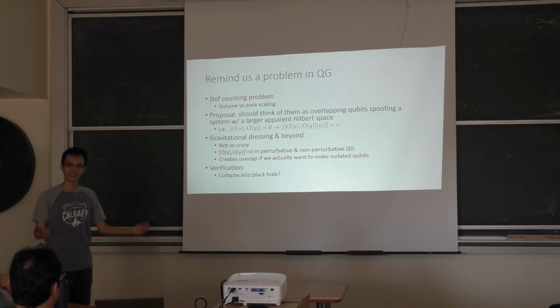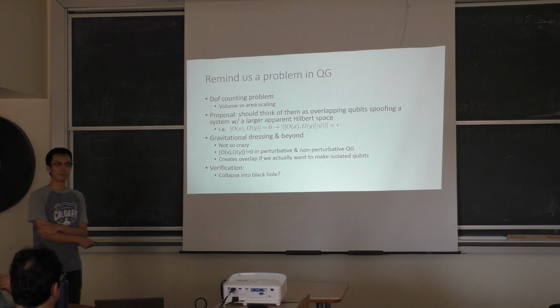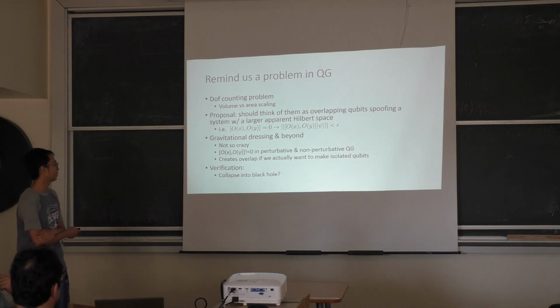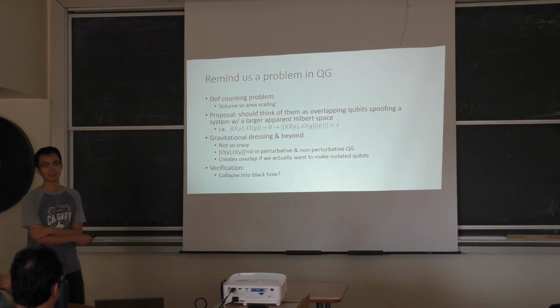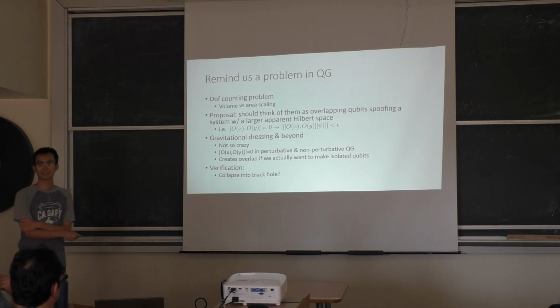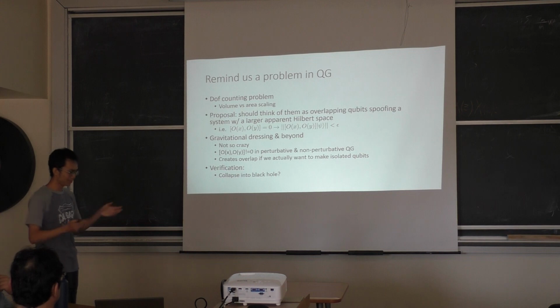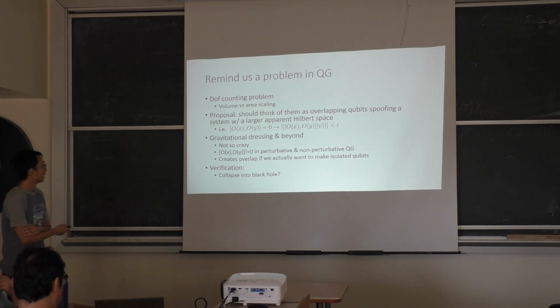And we live in the bulk. We like to think that the bulk experience is very much local and very much real. So the proposal here is, maybe we can think of these bulk qubits that we're putting on each lattice point, which scale volumetrically, as overlapping qubits instead of exact qubits. It is in this way that you can compress this apparent number of degrees of freedom into a smaller Hilbert space.